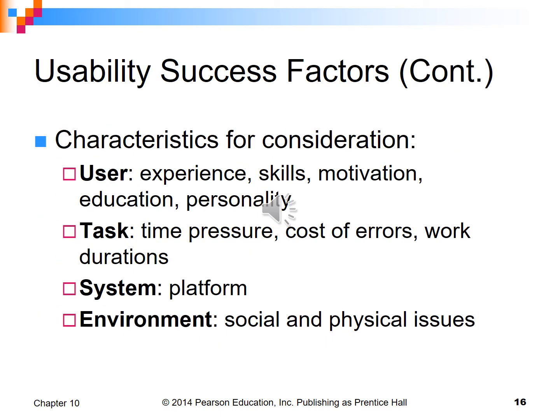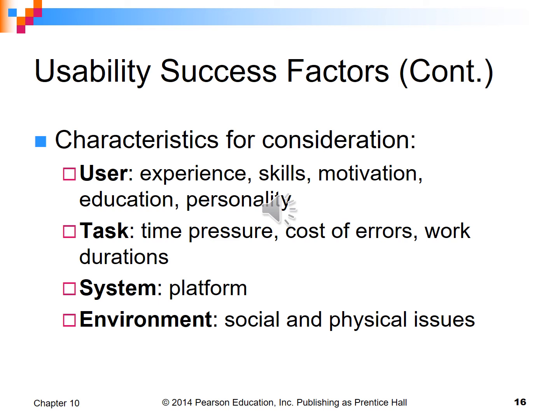I think you should consider the following characteristics: the user, the experience, skills, motivation, education, personality. It depends on the type of customer, the user using that system. Task: time pressure, cost of errors, and work duration, if there is a time pressure in that task.